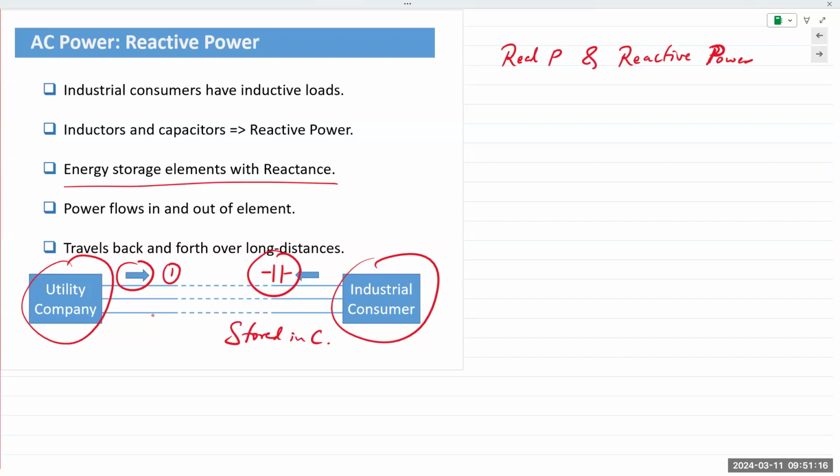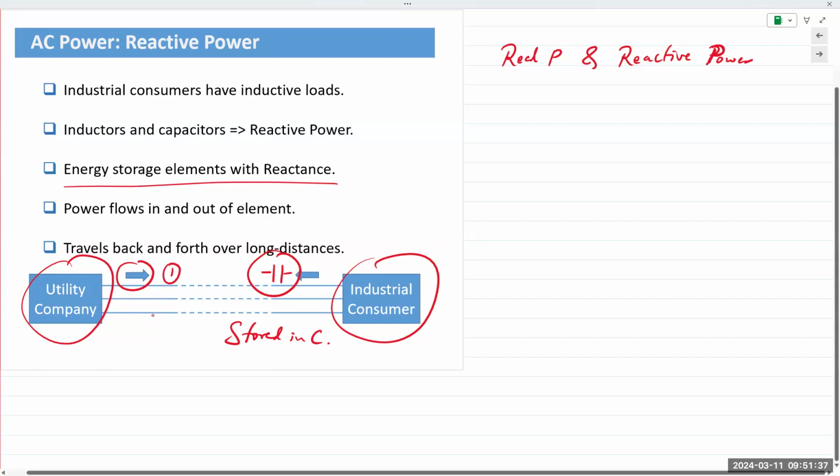You have a bank of capacitors in front. The utility company sends that reactive power once, it goes to the inductive load, and then in the negative half cycle, when it goes out of the inductor, it flows into the capacitor. So in the next half cycle, when the inductor requires power, it does not come from the utility company. It comes from the capacitor itself.